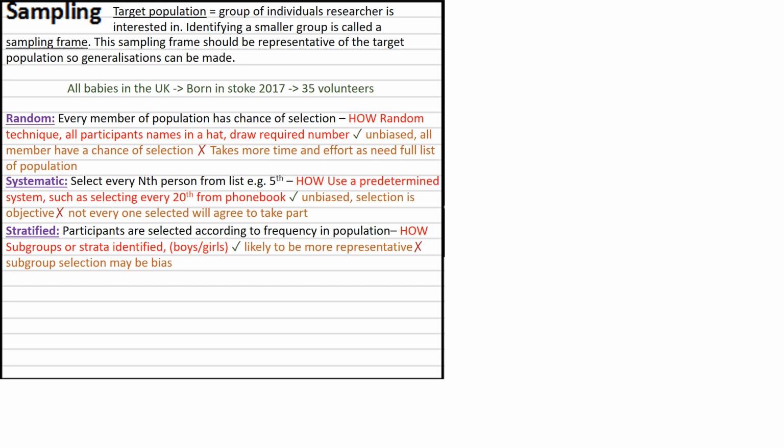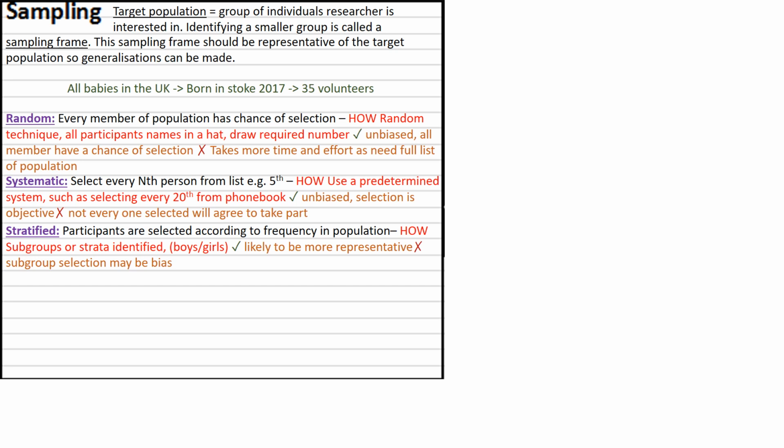So let's just say, for argument's sake, the general population is 50% male, 50% female. You would want 50% males and 50% females within your study. So you identify your subgroups or your strata, and then you'd select from them. So then you'd probably use a random selection method or a systematic method to then select from those strata.